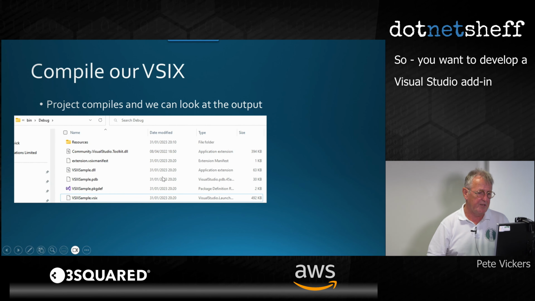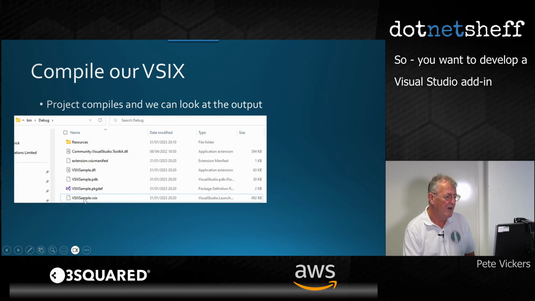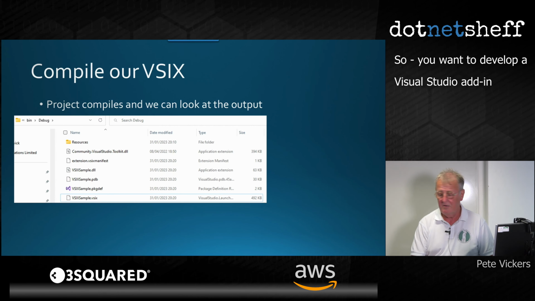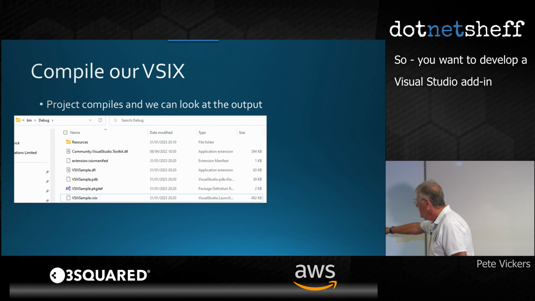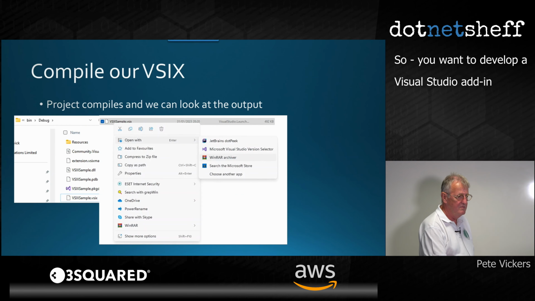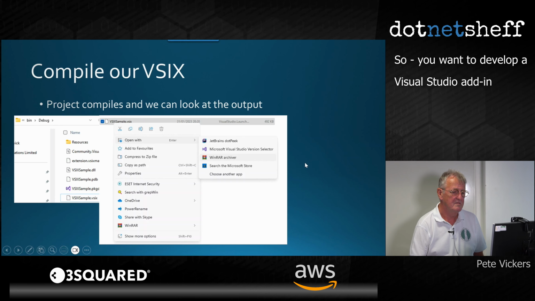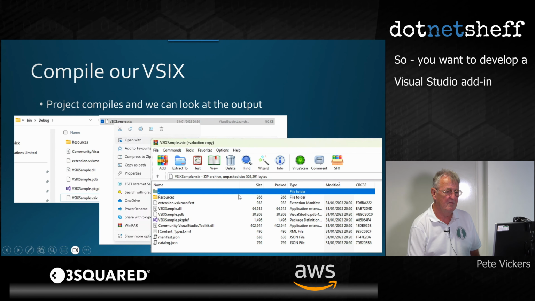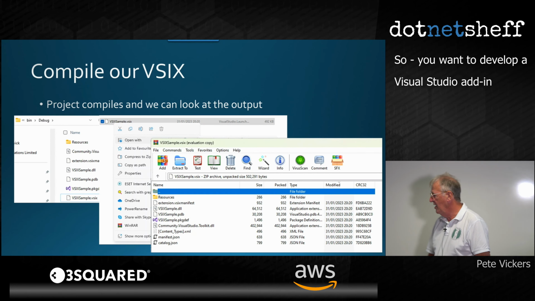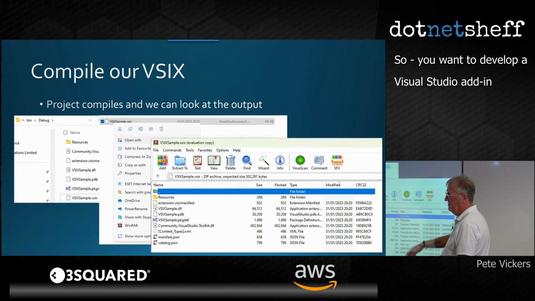So we compile a VSIX, and it produces, strangely enough, a VSIX file, which we can open with WinRAR, and all it is is a zip file.